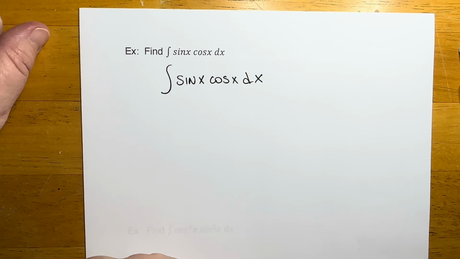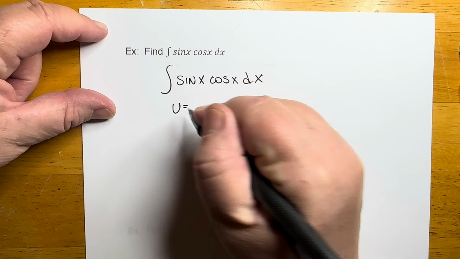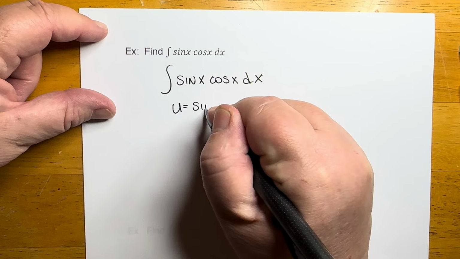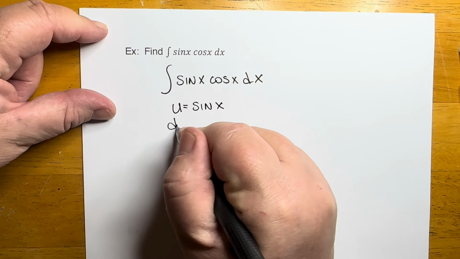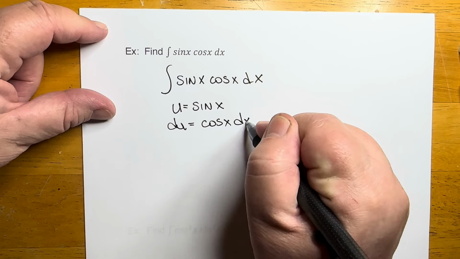The most basic thing to remember about sine and cosine is that they are derivatives of each other. And so if you set u equal to sine of x, then du would be cosine x dx.